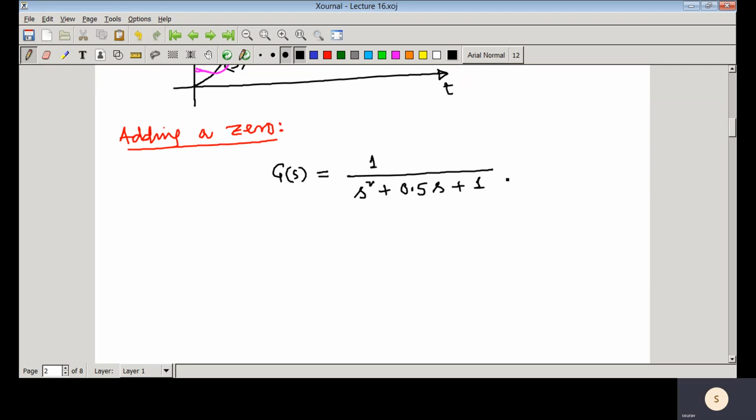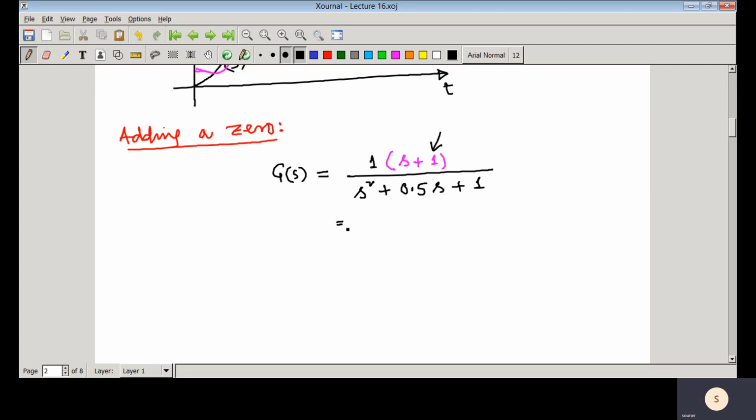Suppose we have a second order transfer function given in normalized form. Now if we introduce a 0 here, then what happens? This is a stable 0, which means it is placed in the left half of the S plane.